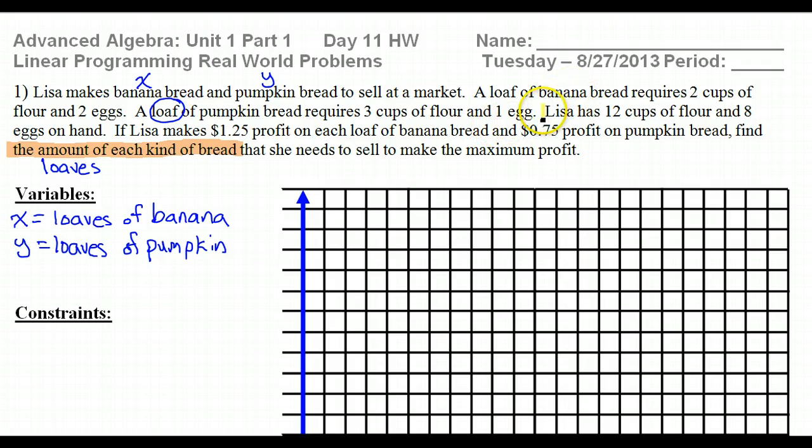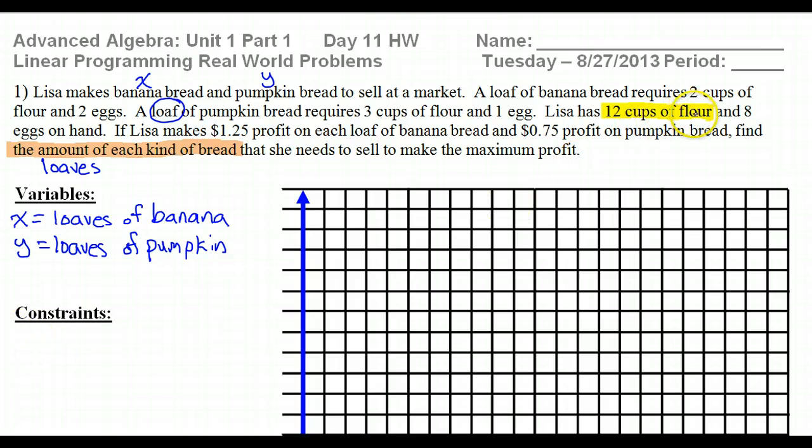And you will find that first constraint right here. Lisa has 12 cups of flour. That's all she's got for both kinds of bread. Banana bread, pumpkin bread, no matter what kind of bread she's making, she's got 12 cups of flour to use. So that is a constraint. That's a limitation. And you should label your constraints as you go along.